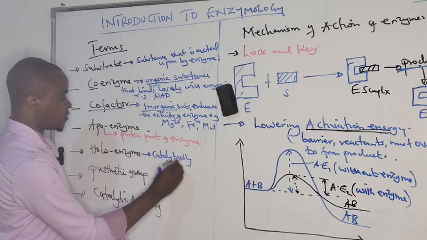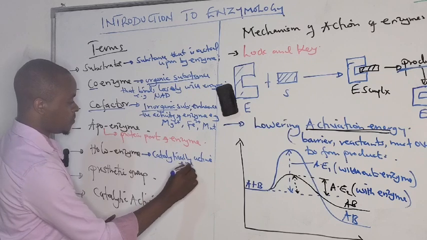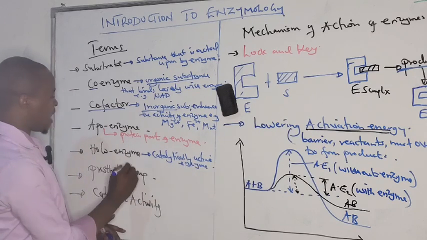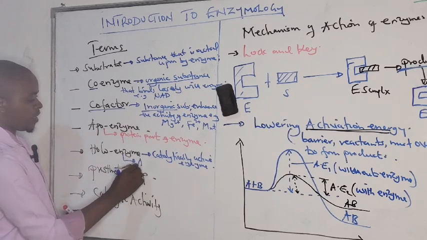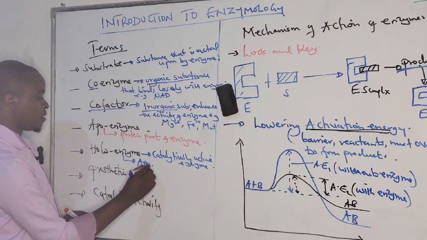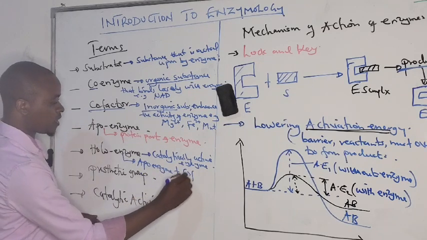Or we can, in summary, say a holoenzyme is equal to apoenzyme plus a cofactor.